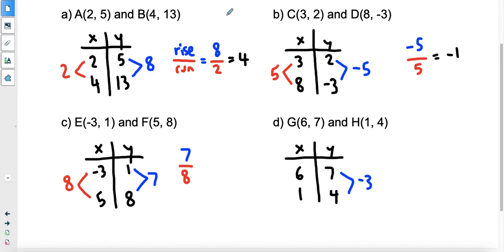My x values are going from 6 to 1. Since my x values are going down, that's also going to be a negative. And my x values go down by 5. So that's a negative 5. And now to find the slope, again, we're just going to divide these two values. So we're going to take negative 3 and divide that by negative 5.